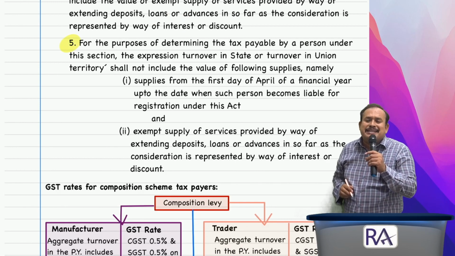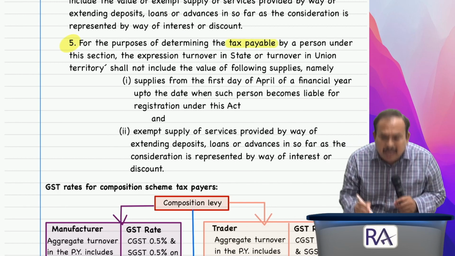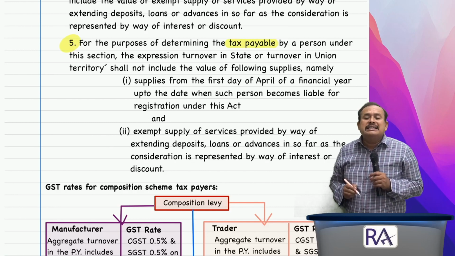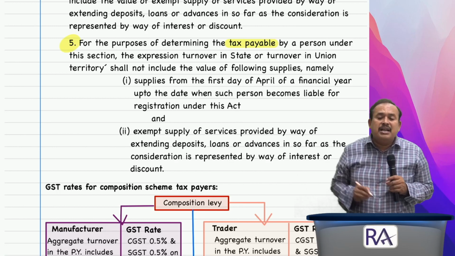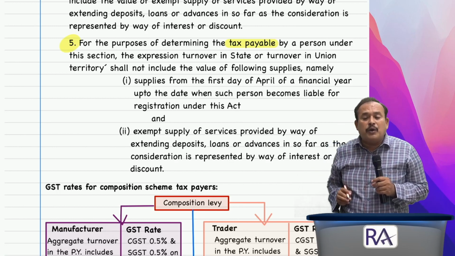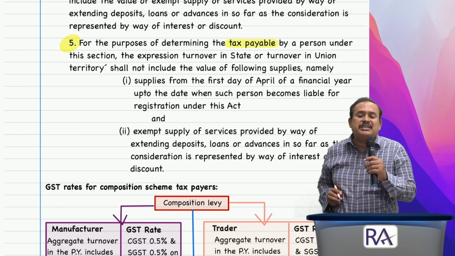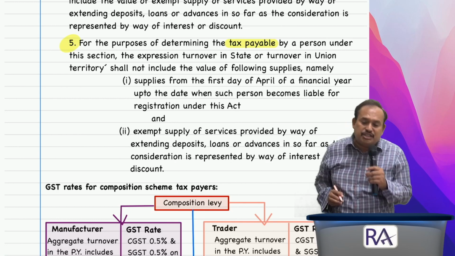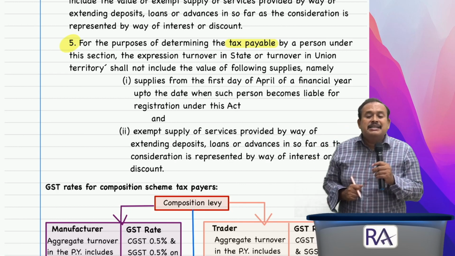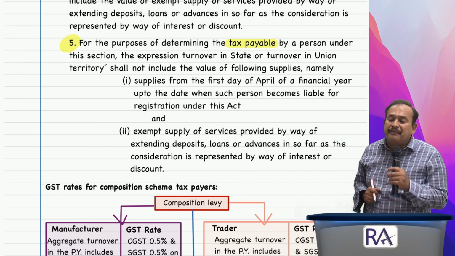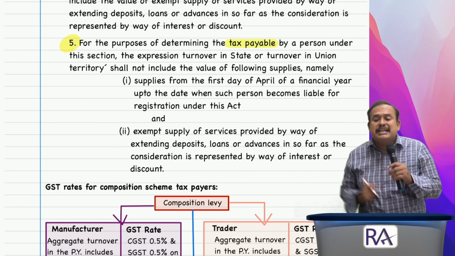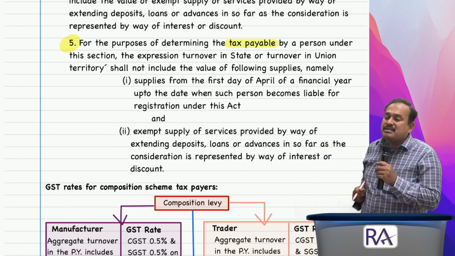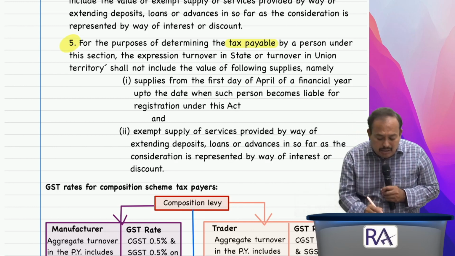For the purpose of determining tax payable by a person under this section, the expression turnover in state or turnover in union territory shall not include the value of the following supplies, namely supplies from the first day of April of a financial year up to the date when such person becomes liable for registration under this Act, and exempt supply of services provided by way of extending deposits, loans or advances insofar as the consideration is represented by way of interest or discount. That should not be added. What are these two that are not addable?